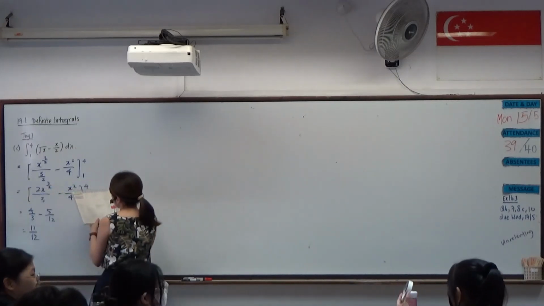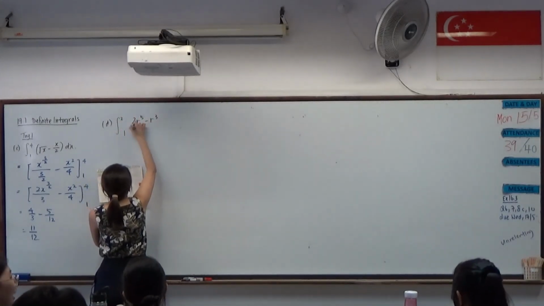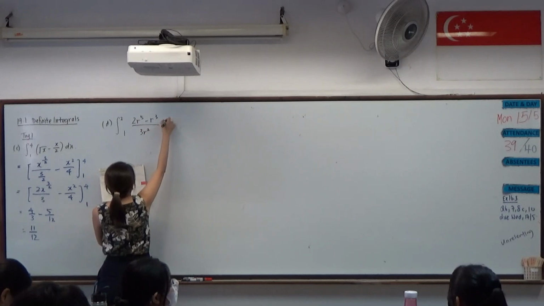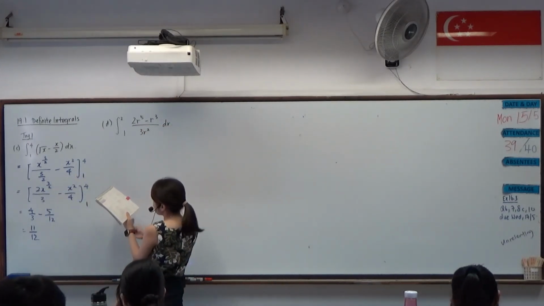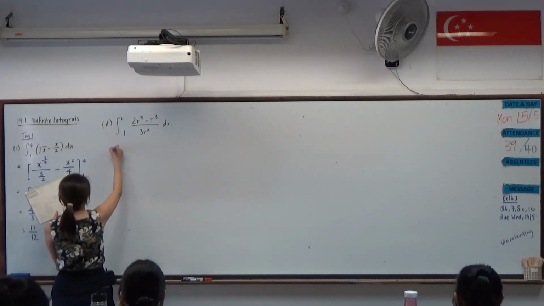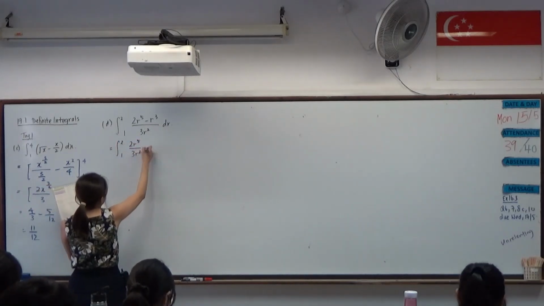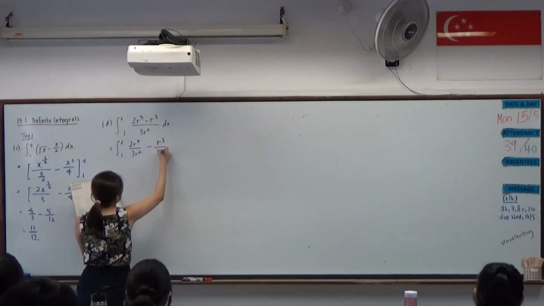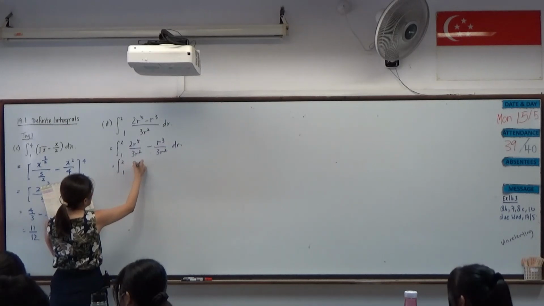Okay, that's for try 1 part C. Okay, for part D itself, you need to separate out into 2 separate fractions first, which I saw that most of you were able to get that done yesterday. Then after that you need to simplify it.